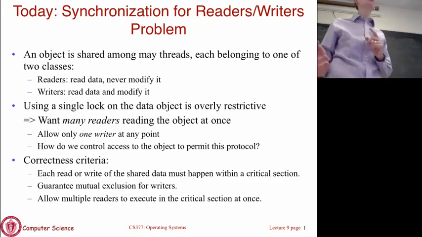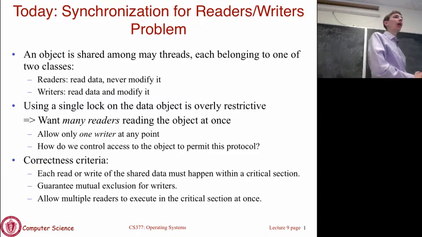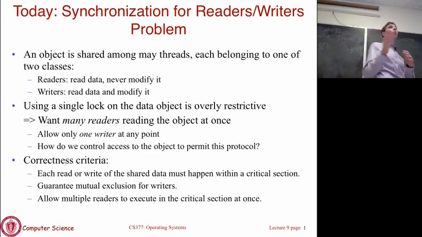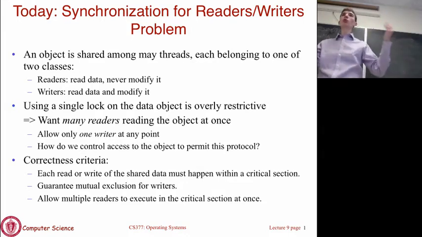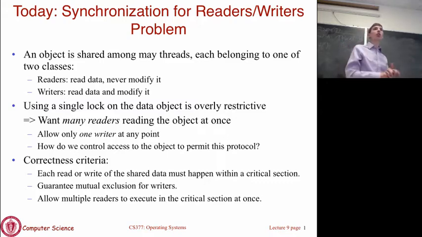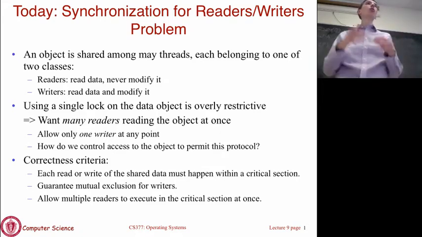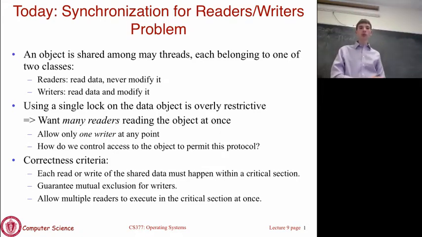You're only having one thread either reading or writing at a time, whereas in practice, it's okay for multiple things to be reading an object at the same time. It may not be okay for multiple things to be writing at the same time, but if you have an object that's not changing, you can have 100 different threads reading it, and that is fine. That gives your program concurrency and parallelism that you can't have with one global lock.